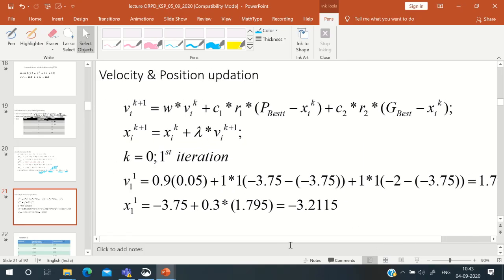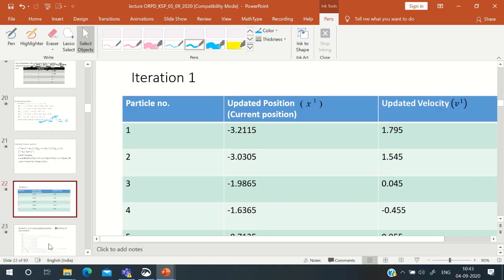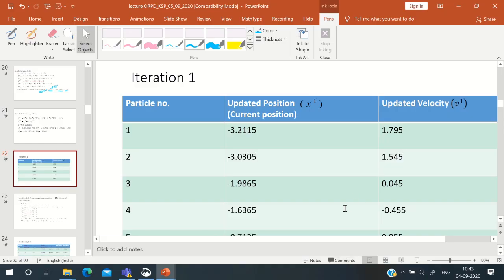So you will obtain the new position of the first particle at the end of first iteration as minus 3.2115. This is the new value of x for the first particle. Now use the same equations number 3 and 4 for the remaining 4 particles, and find out the velocity and positions of all particles, and I have tabulated them in this.